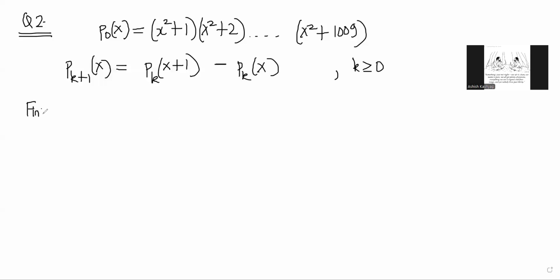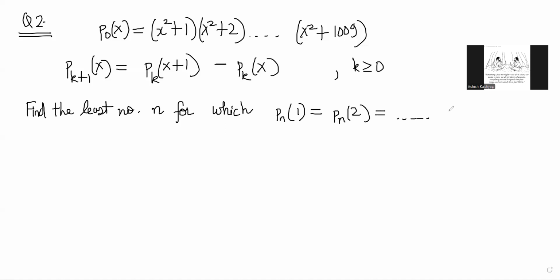We have to find the least number n for which Pn of 1 is equal to Pn of 2 is equal to Pn of 5000, right? So, okay, we have to find n for which this is satisfied. Some stuff is given, P0 of x is given, and there is a relation between Pk plus 1 and Pk, right?